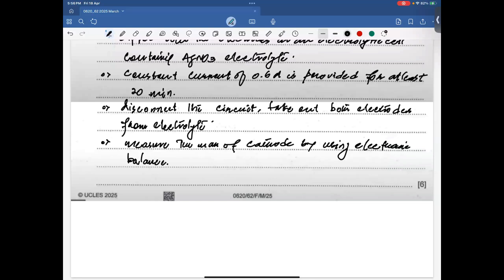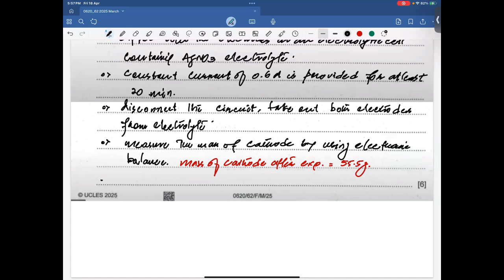Let's say mass of cathode after experiment is 55.5 gram. Initially it was 55.